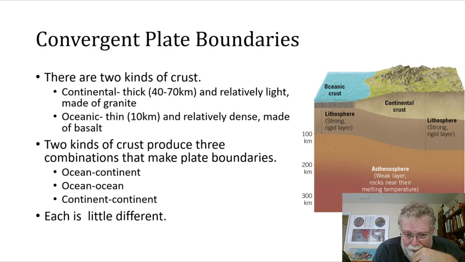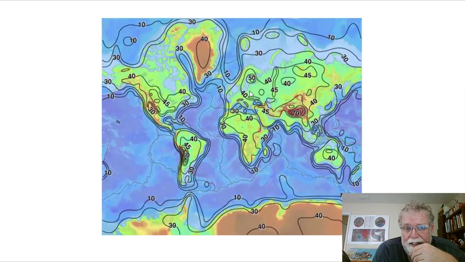And in fact, if I go on to the next slide for just a second, I really like this map. It's just kind of fun. But this is a contour map of the thickness of the crust. So whether you exactly know what a contour map is, the numbers correspond with the thickness of the crust. And you can see that oceanic crust is pretty much consistently 10 kilometers thick. It just kind of is.